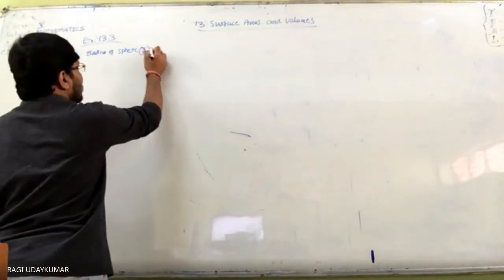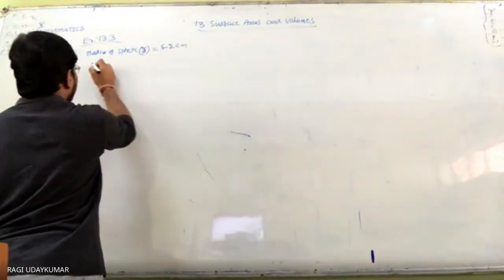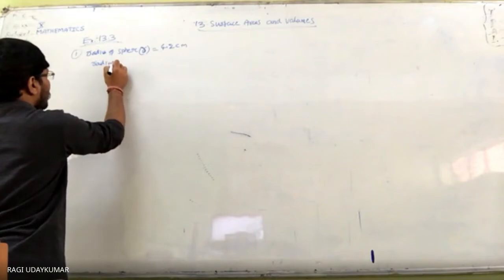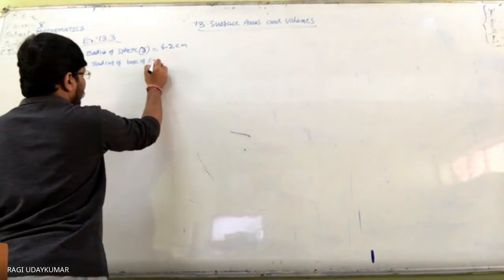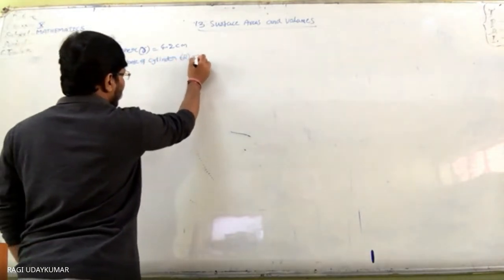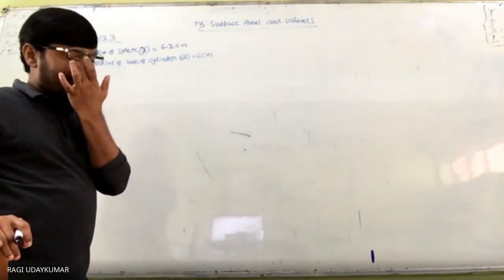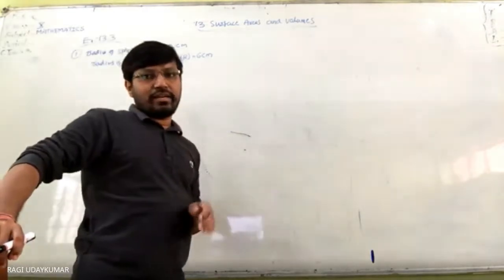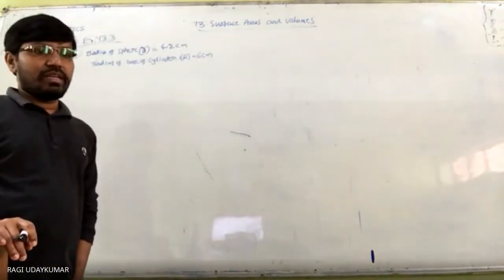Let us represent this with a small r, that is 4.2 centimeters, and the radius of the cylinder with a capital R. Now recast is nothing but changing the shape, so that value will be equal to this value.